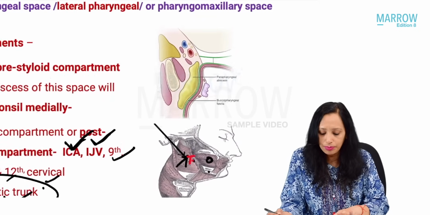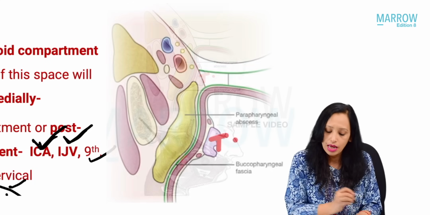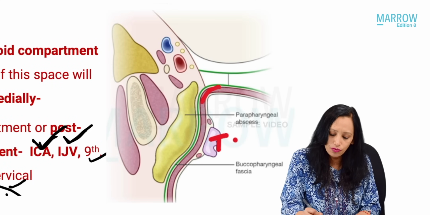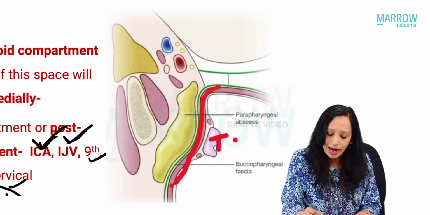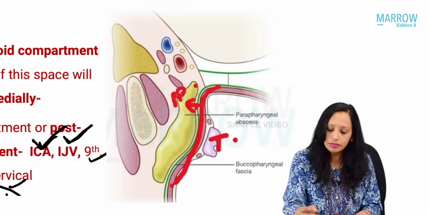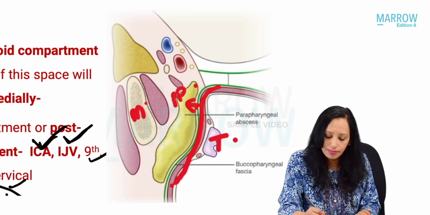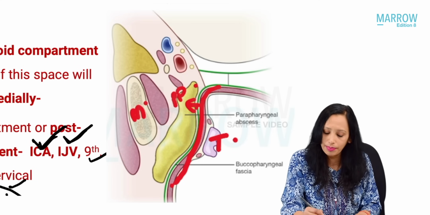So, now let us come to this cut section, which is a transverse cut section at the level of the tonsil. So, this here is the lateral wall of the pharynx. Lateral to the lateral wall of the pharynx, we have the parapharyngeal space. Yes, and the lateral boundary of the parapharyngeal space is the mandible along with the muscles attached to the mandible, the medial pterygoid and the masseter.